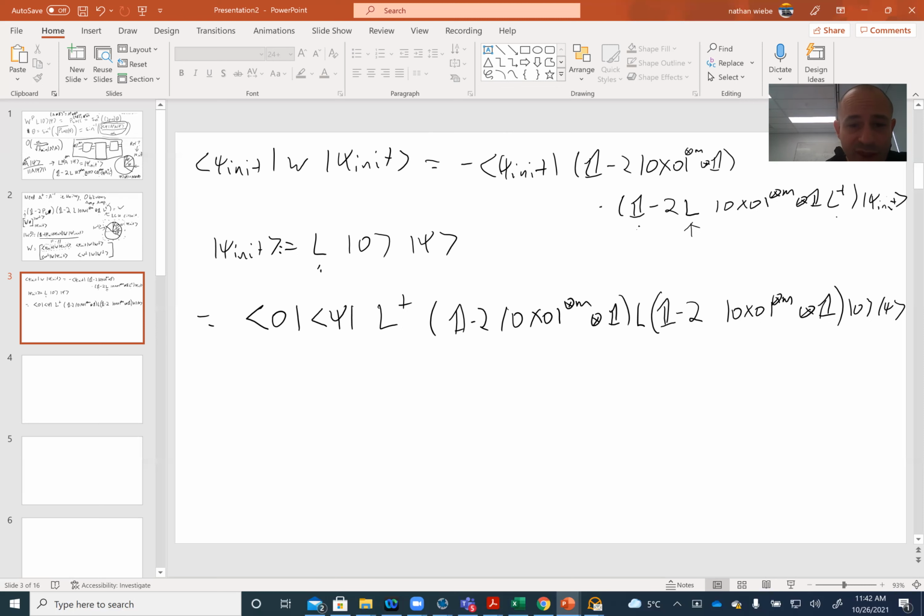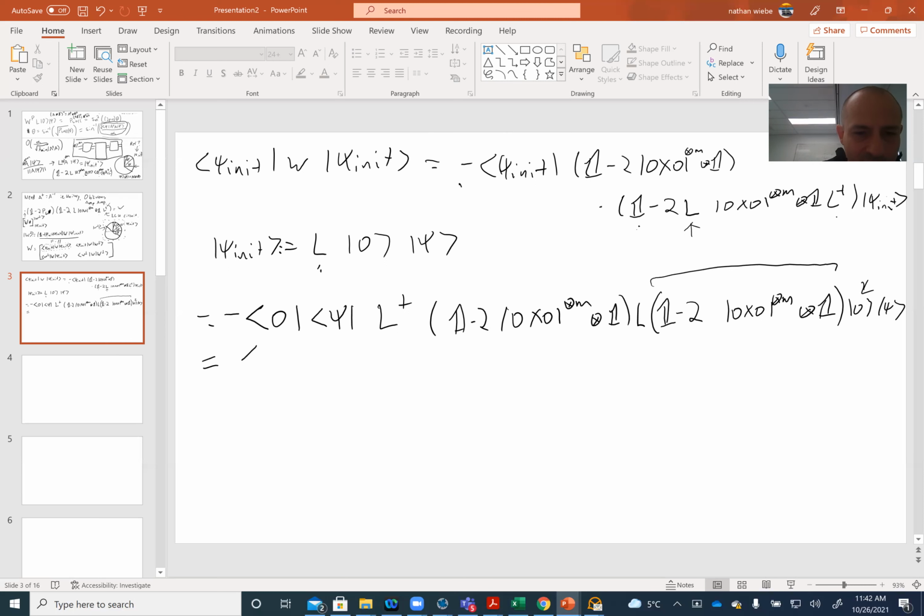Now, actually, I dropped a minus sign here. The state over here has 0 in the first qubit. Therefore, this reflection operator acting here will flip the sign of this quantum state.